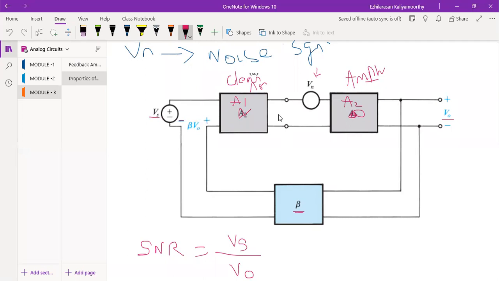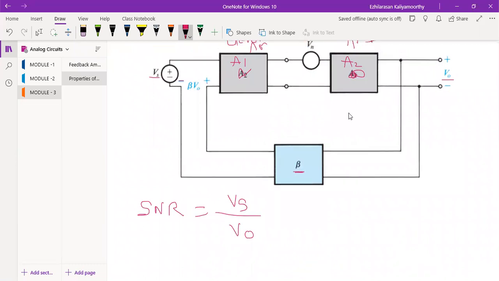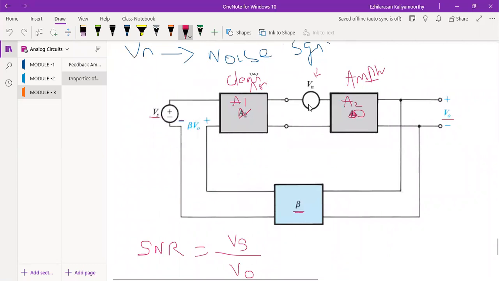Now the output voltage of the circuit can be found by superposition. To simplify the discussion, suppose an unwanted noise component, the Vn, enters the amplifier somewhere between the input and the output.